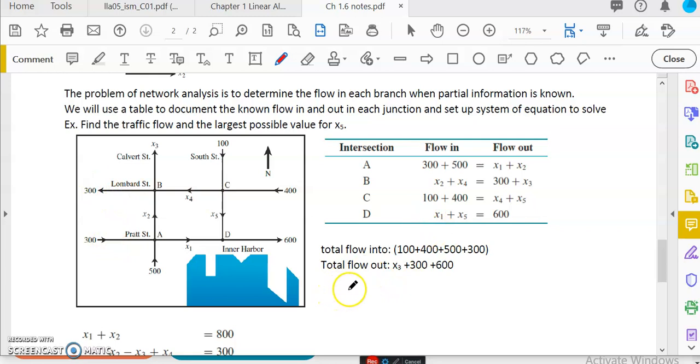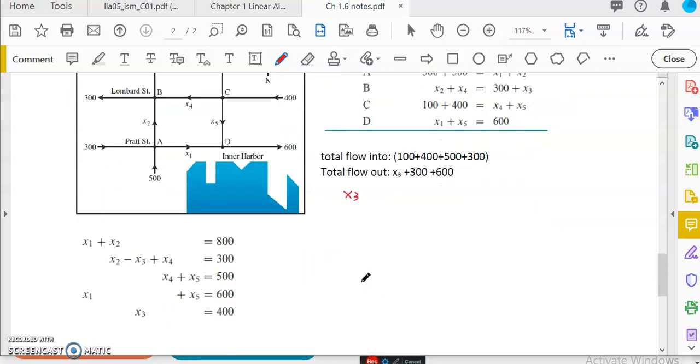If you solve this, subtract everything, all of these added together is 1,300, and this is x3 plus 900. So we would have x3 equal to 400.